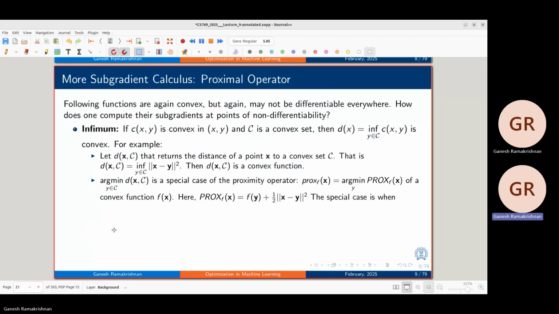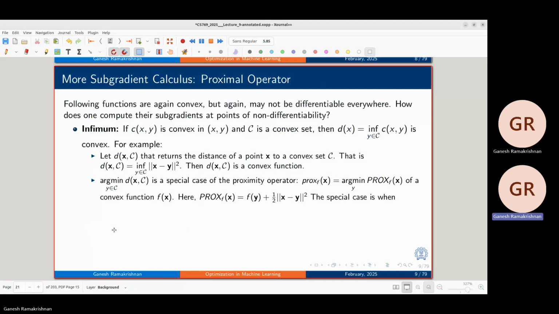In fact, we'll go back to Lasso. Remember Lasso: 1/2 norm of y minus Ax squared plus lambda times the 1-norm of x.